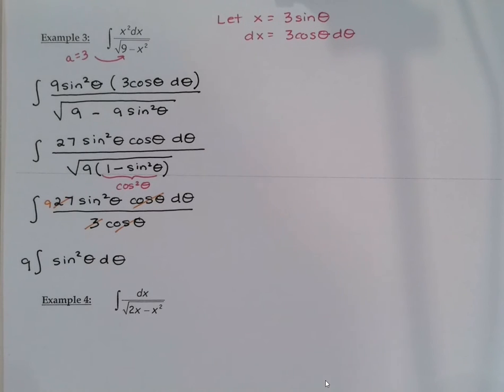All right, that's not on our list, and there's no good trig identity to make it be on our list, so we're going to have to go back to what we learned in the last section here.